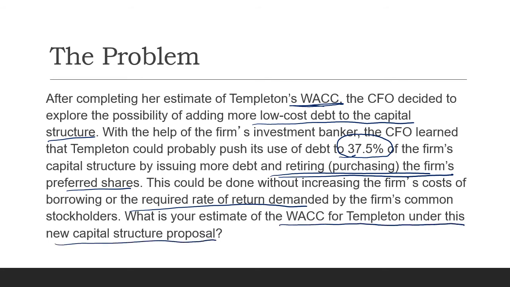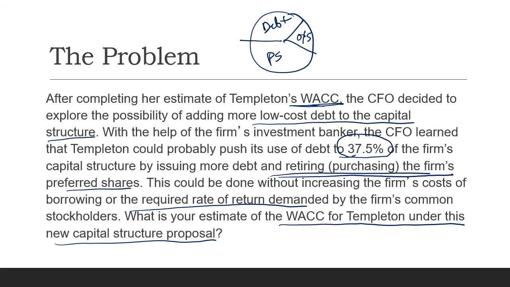First you have to understand the question. Basically this is a question of WACC. What is meant by this question is that initially the company has three components of capital: the preferred stock, the debt, and also ordinary stock.